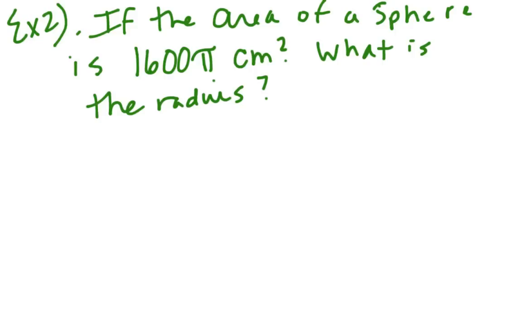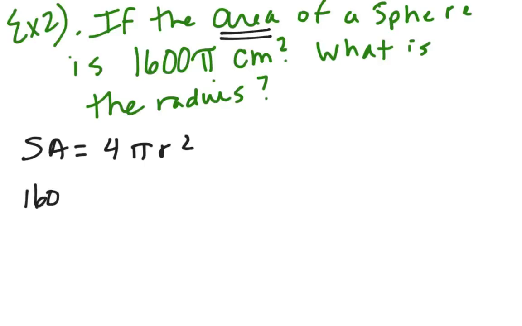Example 2. And this is one where we have to back into the radius. So they give you the area of a sphere is 1600 pi centimeters squared. Then what is the radius? So we know that surface area of a sphere is 4 pi r squared. So they're saying that 1600 pi is equal to 4 pi r squared.